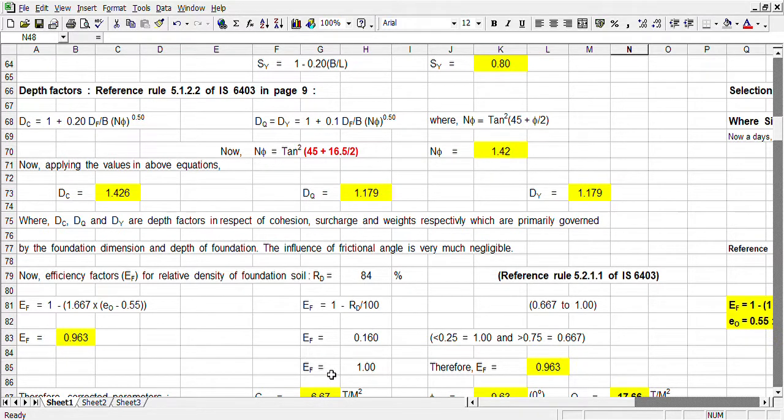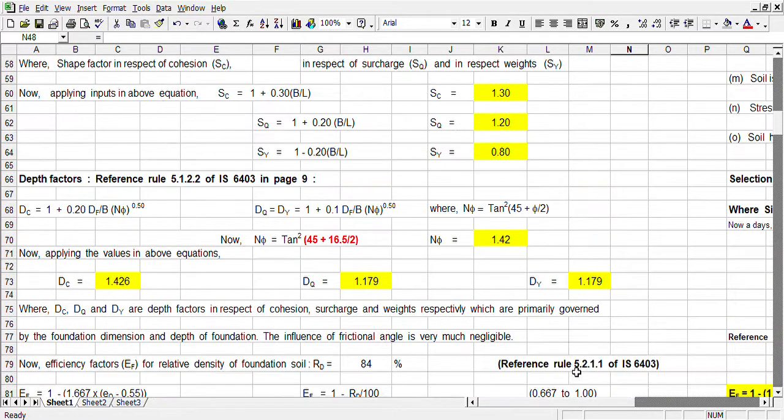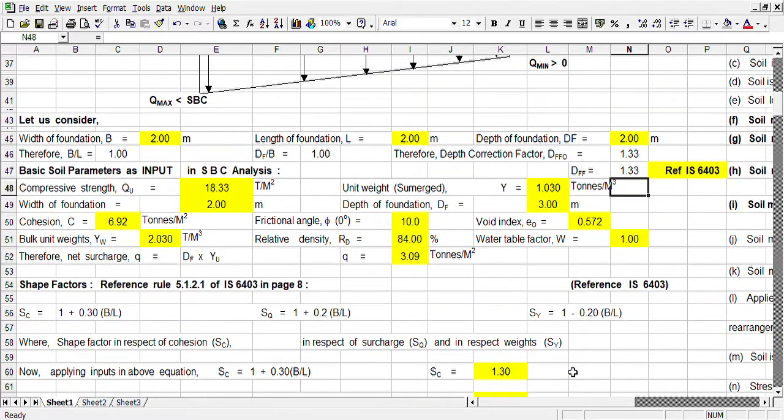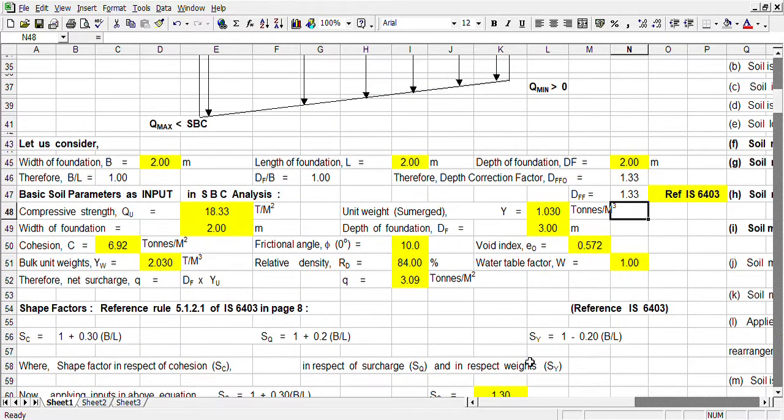I term this the efficiency factor, for local shear and general shear. I am getting 0.963, since our void ratio is 0.572.